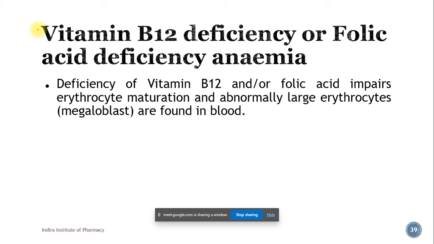So next type of anemia is vitamin B12 deficiency or folic acid deficiency anemia. So in this case, deficiency of vitamin B12 and or folic acid impairs erythrocyte maturation, and abnormally large erythrocytes, that is megaloblasts, are found in the blood.